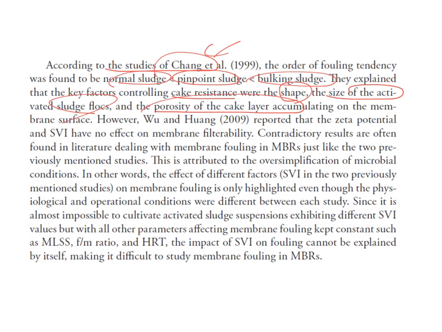So it's a kind of contradictory result, which can be found in many different studies. But one thing is very clear: the sludge structure or flock structure and fouling propensity, although sometimes we have contradictory results, are very closely related. So without understanding or controlling the flock structure, we cannot get very high membrane performance in an MBR system because of severe membrane fouling.